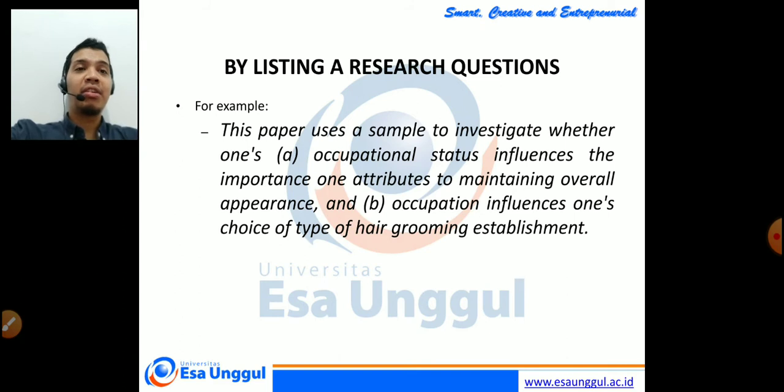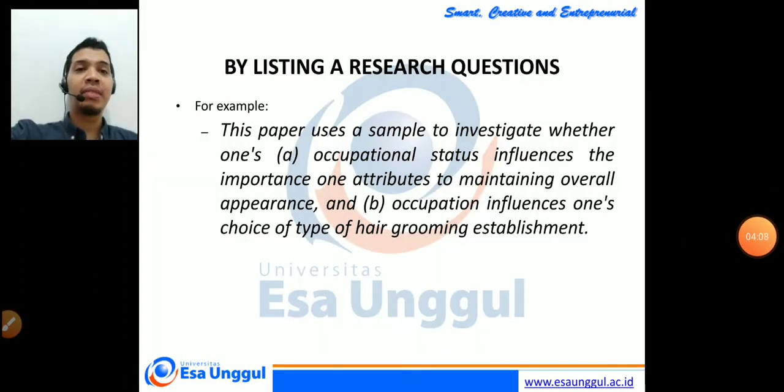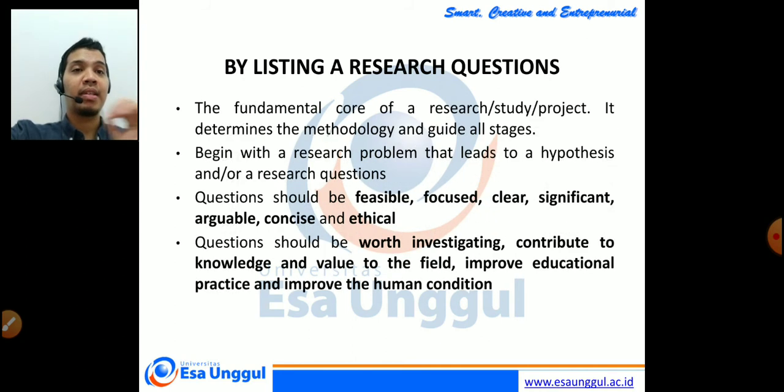Listing a research question, for example: "This paper uses a sample to investigate whether one's," and so on. This is an example of how to list a research question. The fundamental core of a research project begins with a research problem that leads to a hypothesis and/or research question.